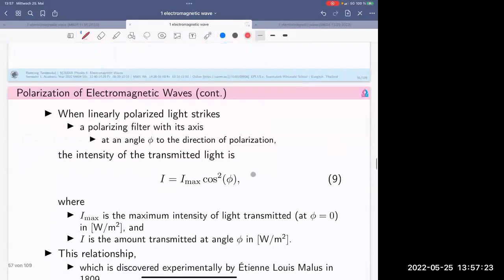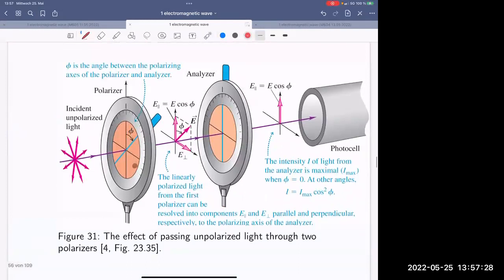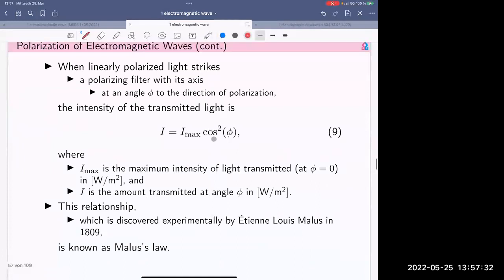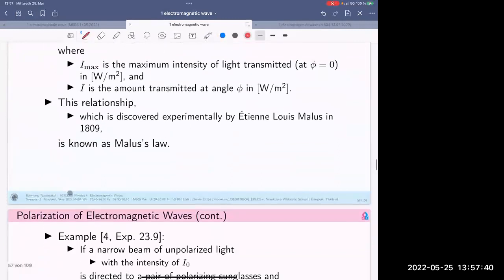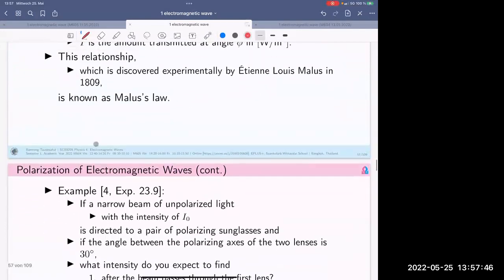If you rotate this one, you will get the intensity after that, depending on the angle phi. It was discovered by Etienne Louis Malus in 1809.